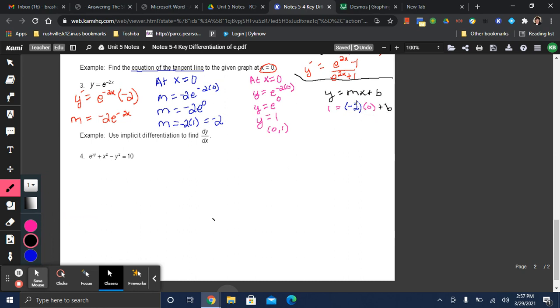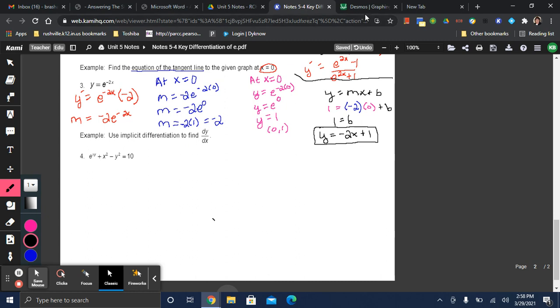And so negative 2 times 0 is 0, so your b is 1, and your equation is y equals negative 2x plus 1. That would be the equation of the tangent line to the graph of y equals e to the negative 2x when x is a 0.